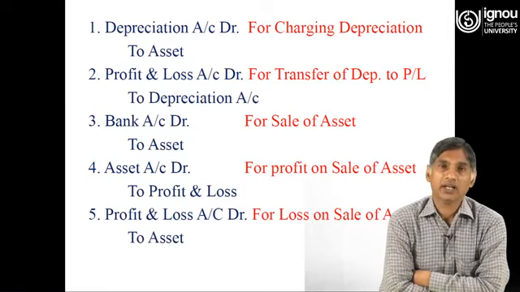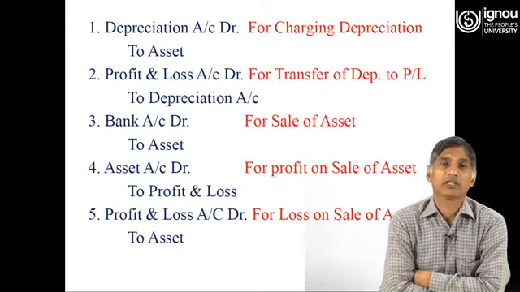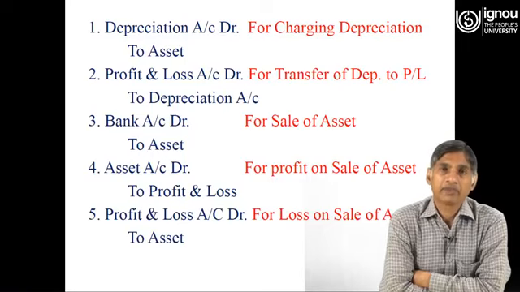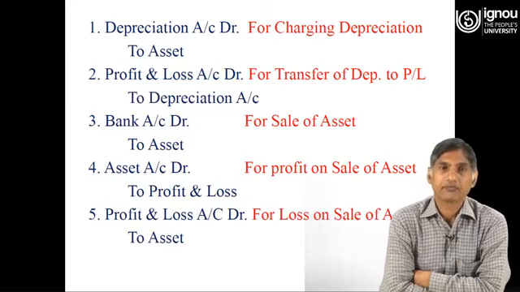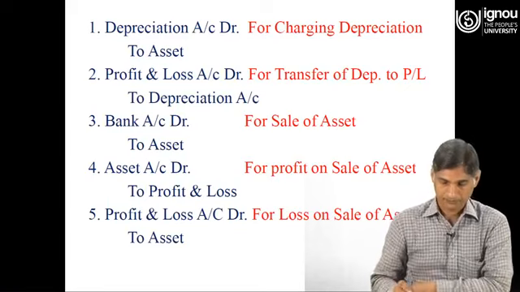So the entry would be asset account debit to profit and loss if profit has been generated, and if on account of sale of the asset any loss has taken place, there will be a reverse entry, profit and loss account debit to asset. So this is how the journal entries are recorded in the books of the account.